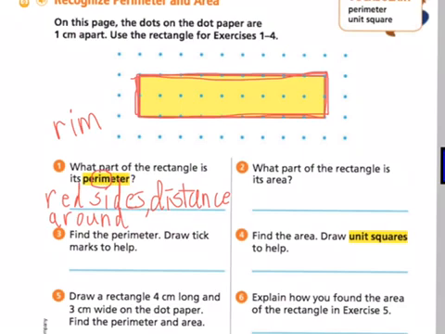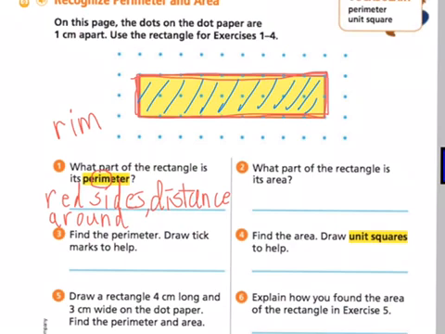The next question, number 2, says what part of the rectangle is its area? Area is the space inside of here. So this is considered the area.